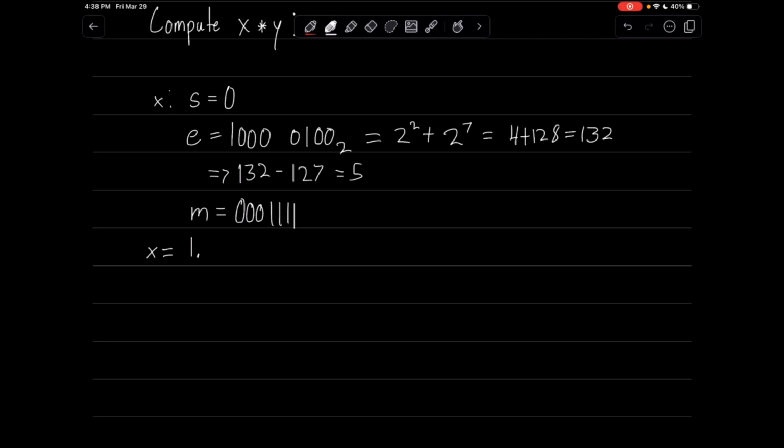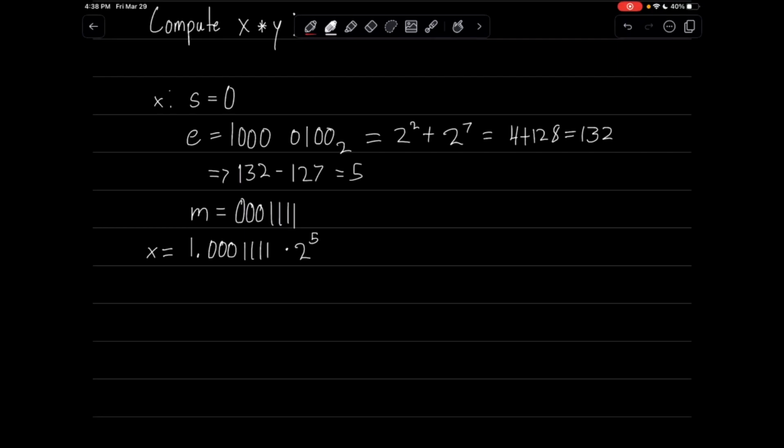So I always have that one point, and then right next to the point, I'm going to append my mantissa. So I'm basically just going to copy it down. So I got 0 0 0 1 1 1 1, and then I had to multiply it by 2 raised to the exponent, so raised to the 5, right? So then now x is in scientific notation.